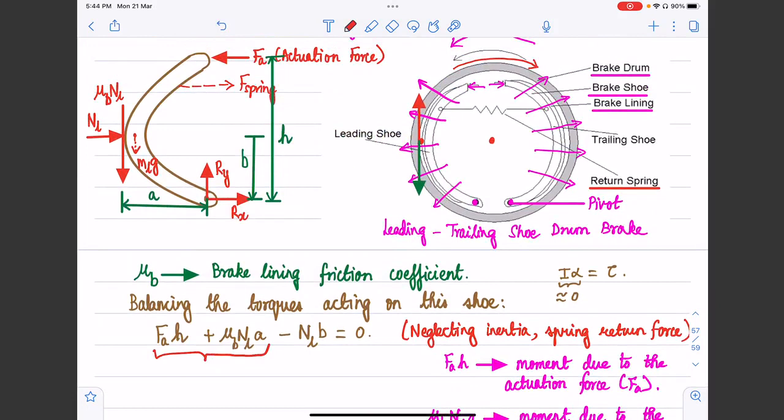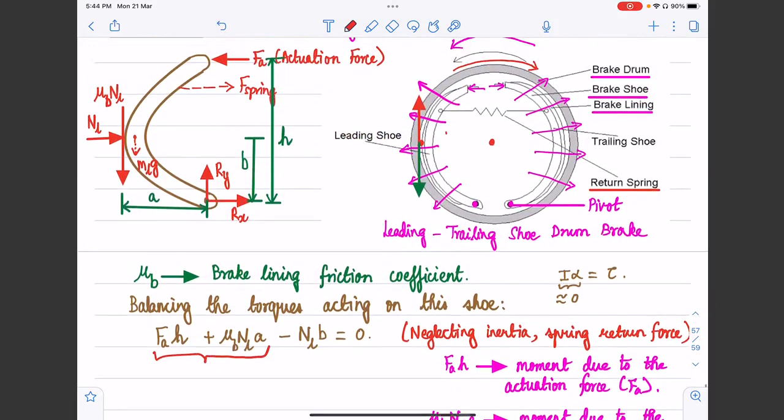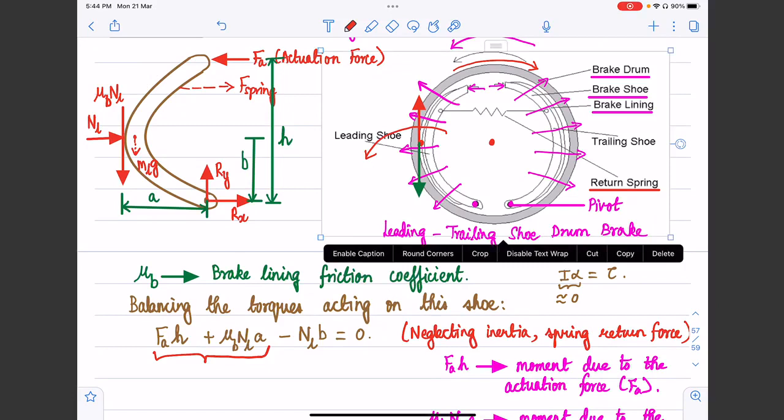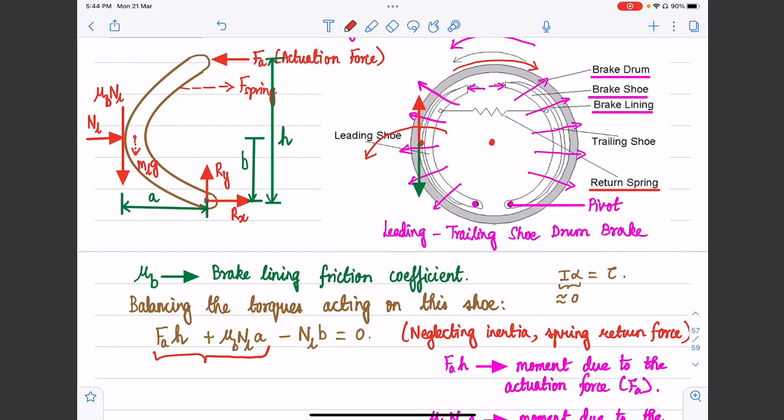The brake shoe is being rotated in this direction, and the motion of the brake drum is such that if we are standing on the brake shoe, we are going to be pulled downwards. Even by the rotation of the brake drum, we are going to be rotated even further in the counterclockwise direction. The physics behind this is that the friction force mu B times NL is generating a torque with the same sense as the torque due to the actuation force.